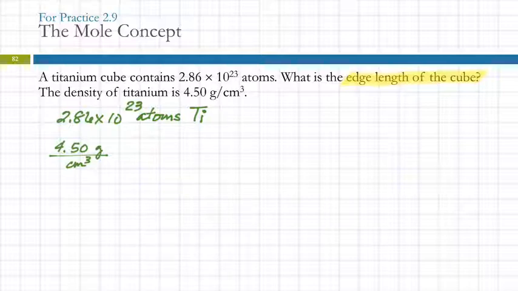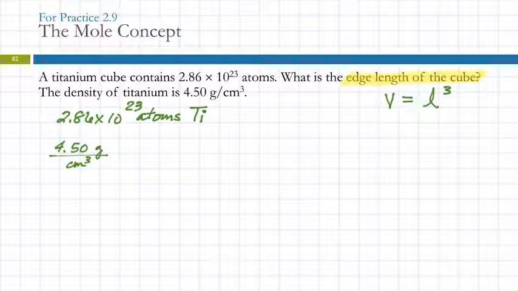And we should know that the volume is L, the length of the side, cubed. Length times width times height, and they're all the same, L times L times L. So L is what we're trying to find.